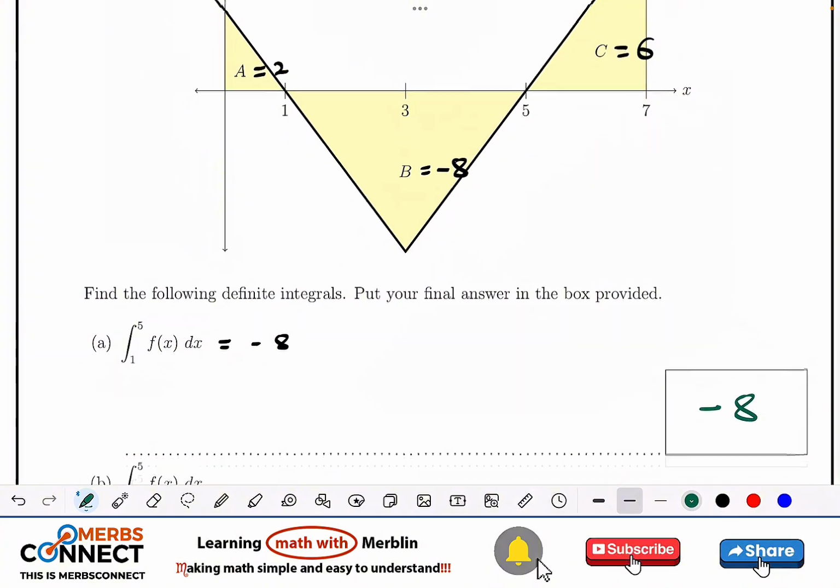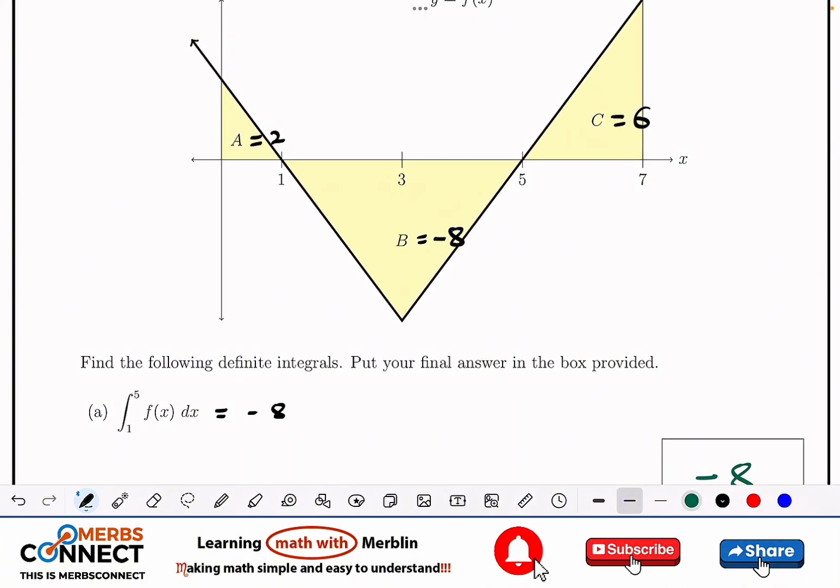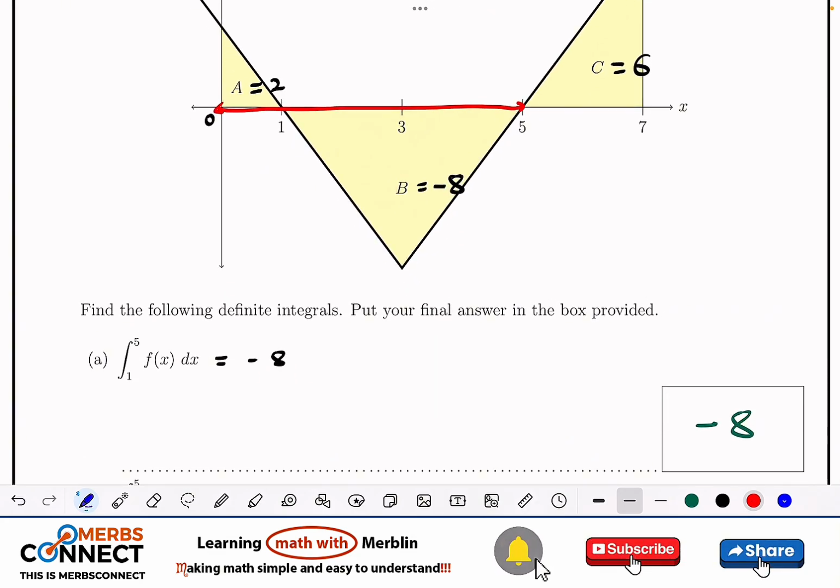Now we want to look at from 0 to 5. So remember, this is where the 0 is. So we want to look at from 0 up to 5. But 0 up to 5 can be divided into from 0 to 1 and then from 1 to 5.